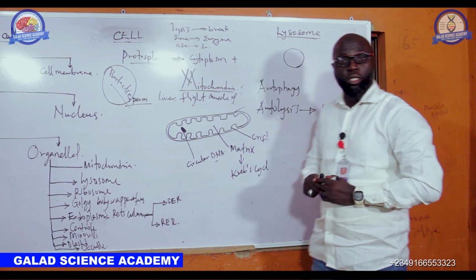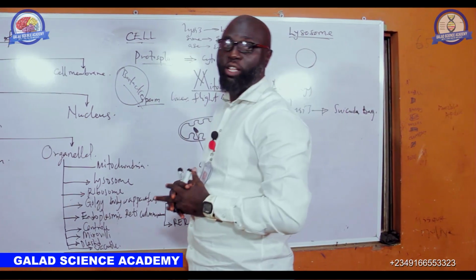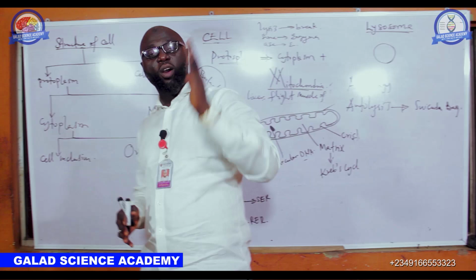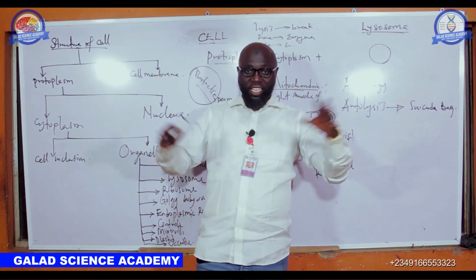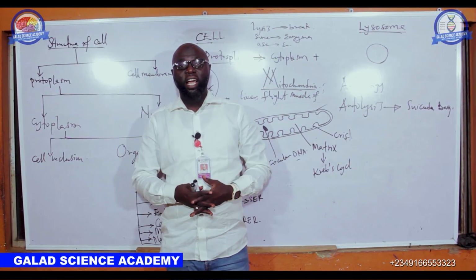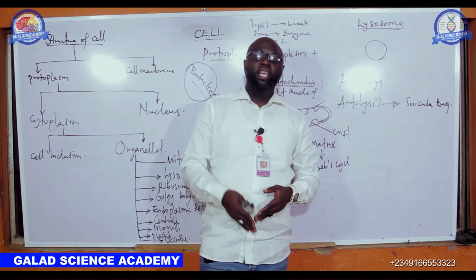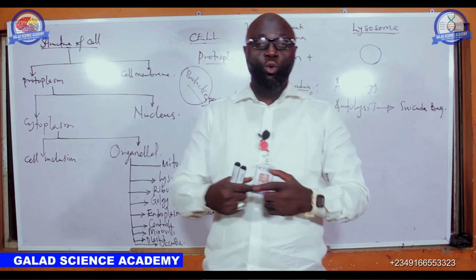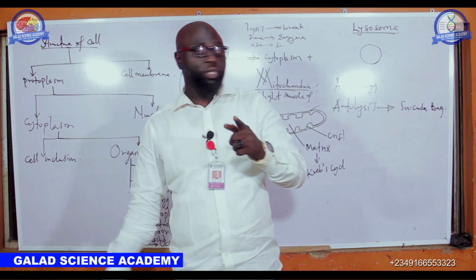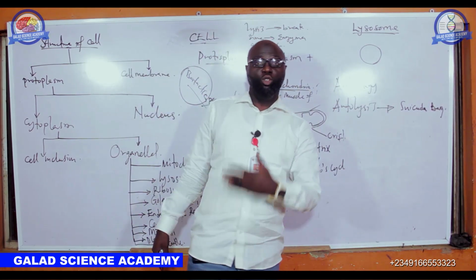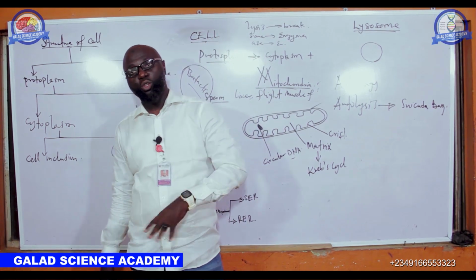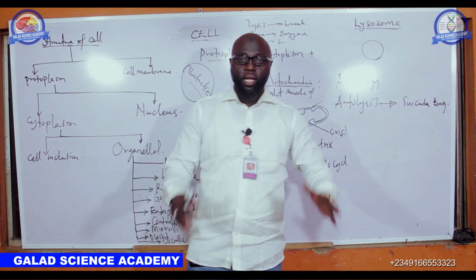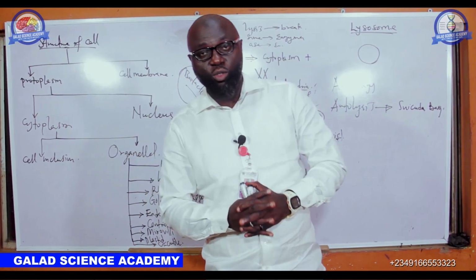So those are the functions of the lysosome. The only organelle that is used for digestion of foreign bodies and intracellular substances is the lysosome. It is also used to digest worn-out organelles, and the process is called autophagy, and it is also for self-digestion by forming a suicidal bag. That's all about the lysosome.